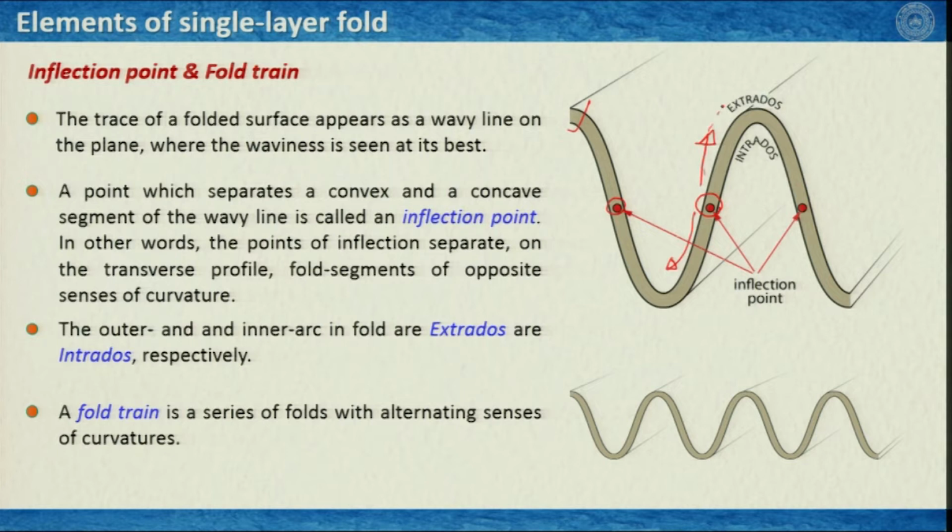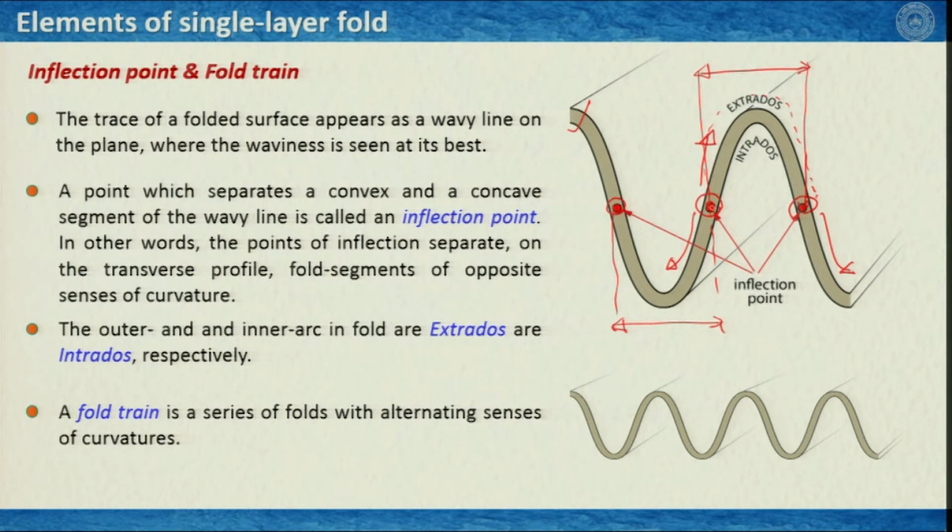Similarly, this convexity at one point here terminates and then it goes again to the concave side. So, when we define a single fold, we take this point and this point. So, this distance or this particular curvature is defined as a single fold, and in a very similar way here to here it is defined as a single fold.